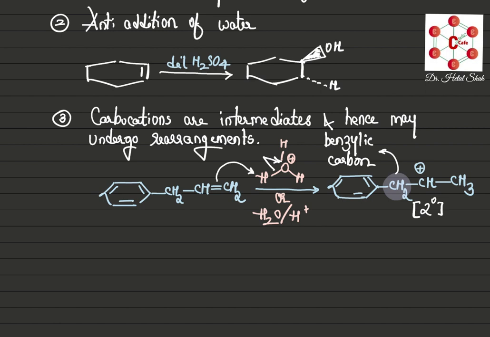How do I do that? Hydride shift. Very good. So I'm going to have my hydride shift. How do I get my hydride shift? Pay attention. One of the hydrogens would shift here.